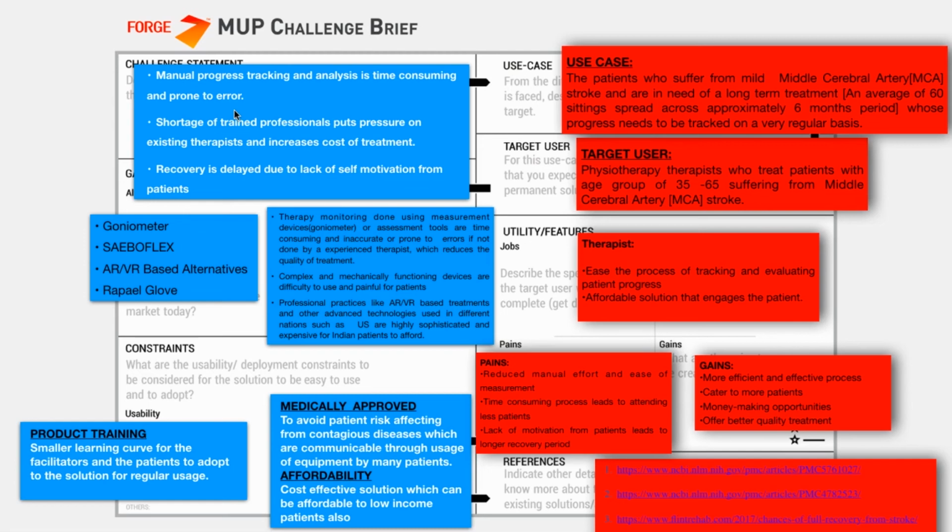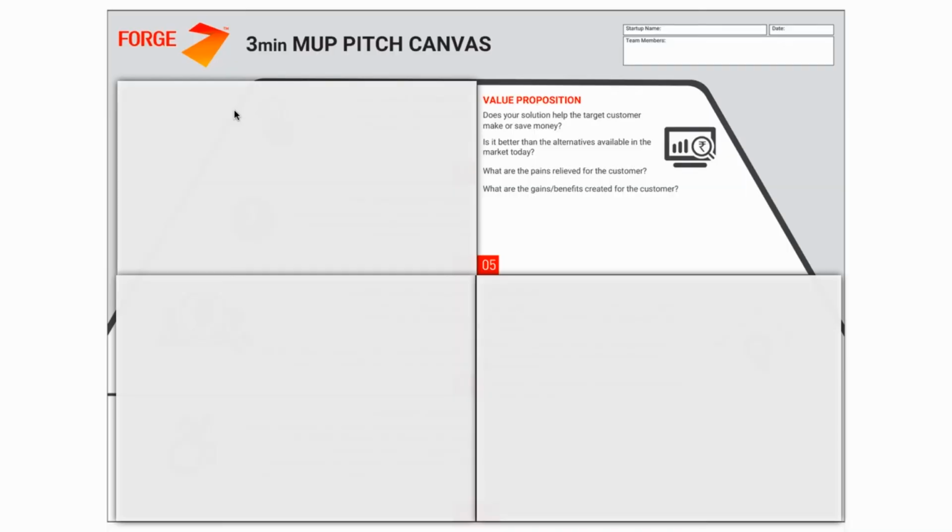Why should someone believe what we say until we provide them the source from which we have got the information? So, all the information that has been accumulated by the innovator through secondary research can be tabulated in the references for future introspection. The third and the most important part of the pitch canvas is the value proposition.